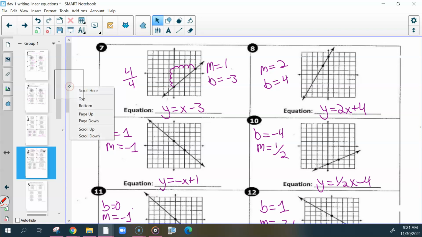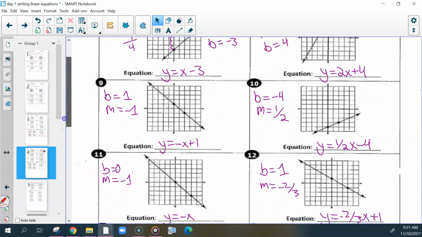Number 7. Your slope was 1, y-intercept -3, so the equation was y equals x minus 3, or 1x minus 3. 8, your slope was 2, y-intercept was 4, so the equation was y equals 2x plus 4. 9, the slope was -1, y-intercept was 1, so y equals -x plus 1, or -1x plus 1. 10, the slope was 1/2, y-intercept was -4, sorry.